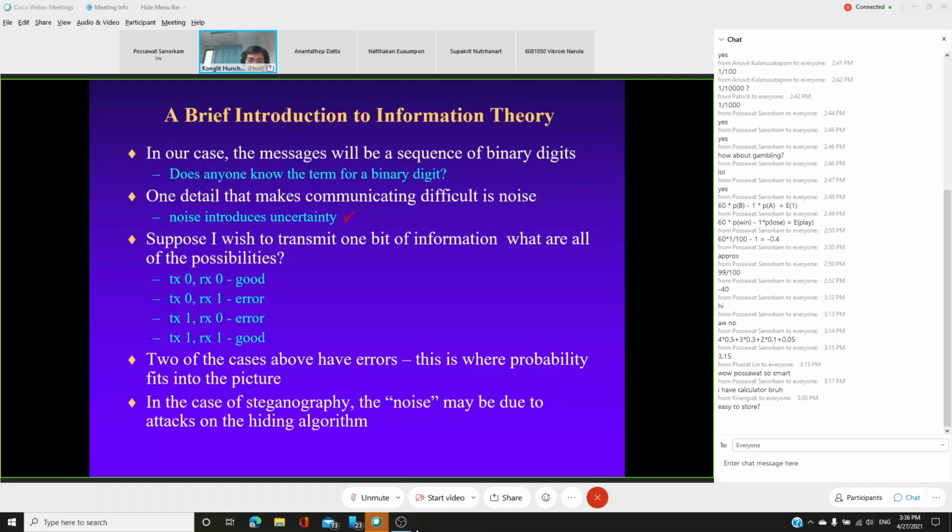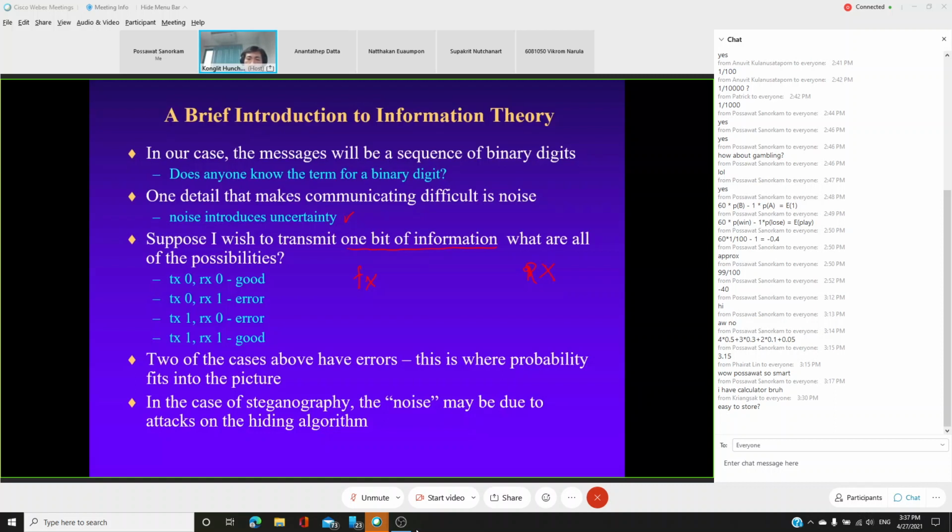Okay, now let's look at an example. Suppose I wish to transmit 1 bit of information. That 1 bit could be 0 or 1, right? So those are the possibilities. We have a transmitter, we usually use TX, and RX is what is at the receiver.